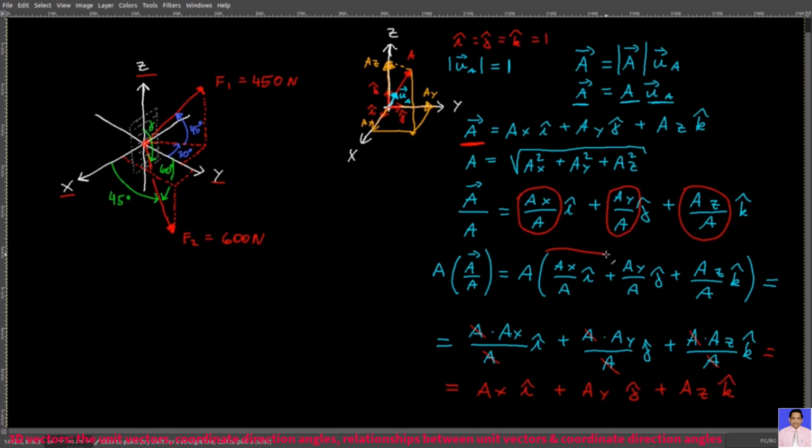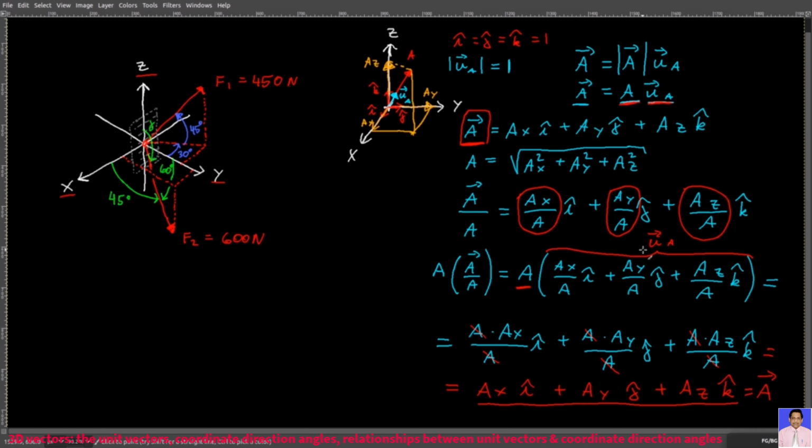It means that this one is your general unit vector in the A direction. Then this one is the magnitude of your A vector. And if you multiply them together, you get this expression, which is your A vector. So now you know how this general unit vector is defined.